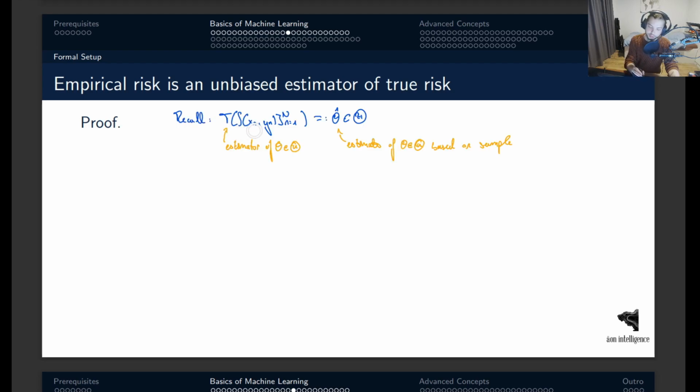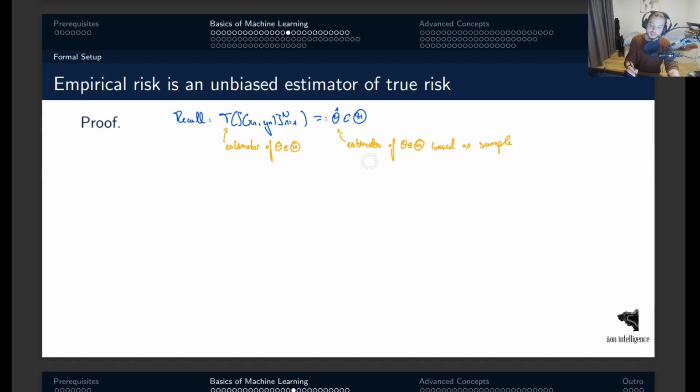So recall from your statistics classes that we can produce an estimate of a parameter living in some parameter space based on a sample. And the estimator is the function t that produces this estimate given some sample as input argument.